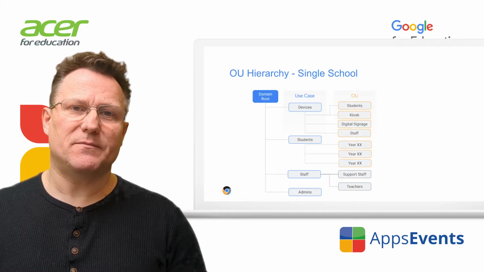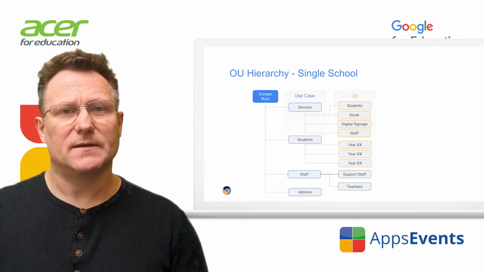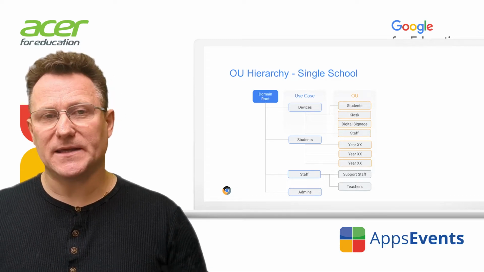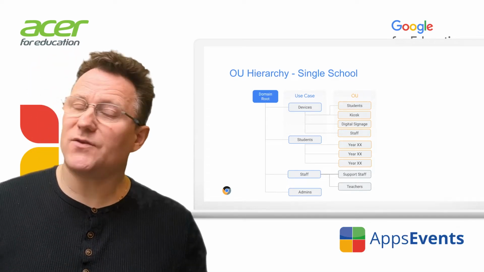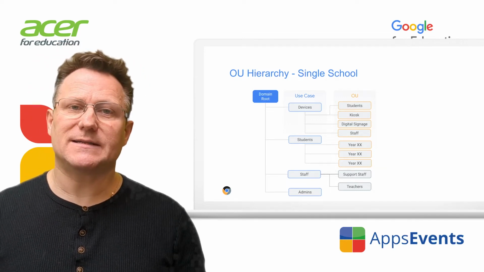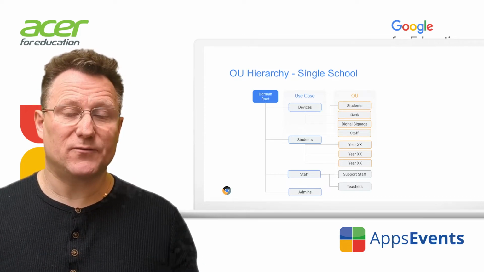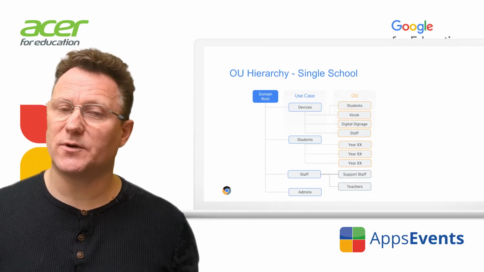In this example, my second level of OUs looks at roles. My students are organized by year. I use the year of entry to education, others use the year of graduation. Doesn't matter as long as you're consistent with the scheme that you apply. I've split staff by role as teachers and support staff.